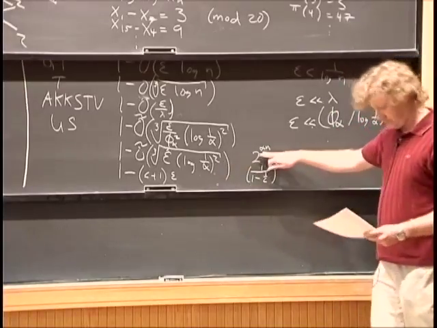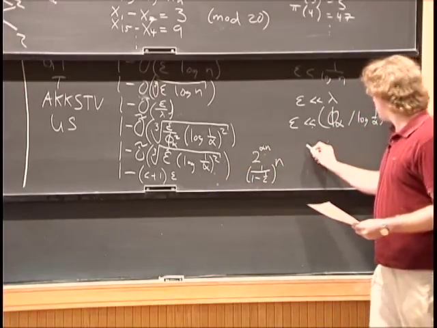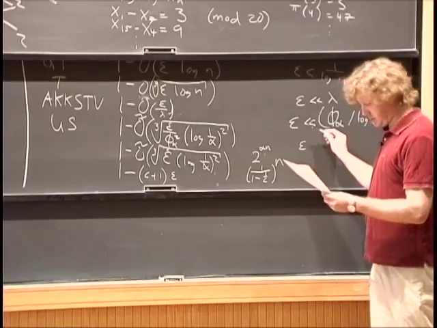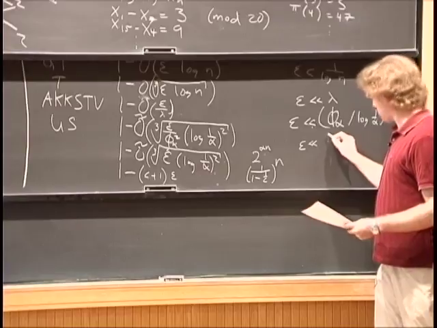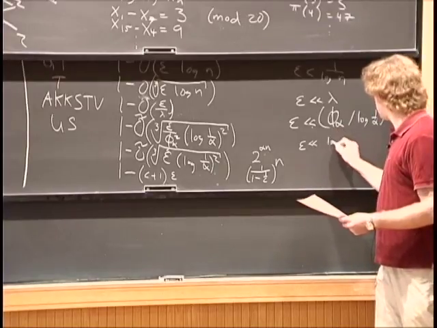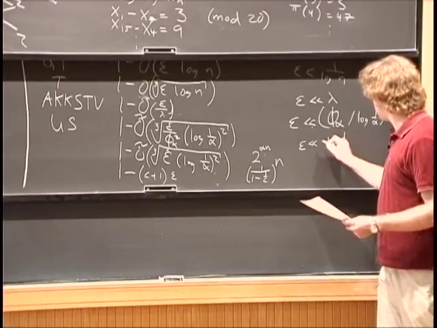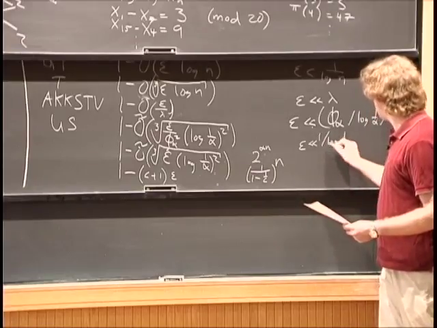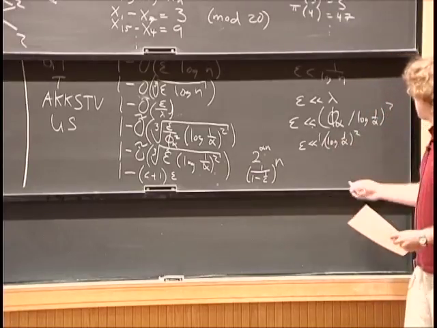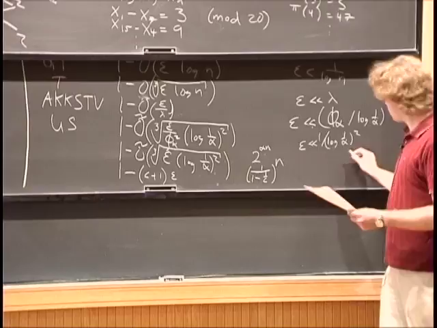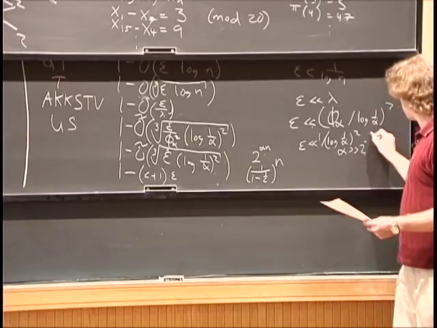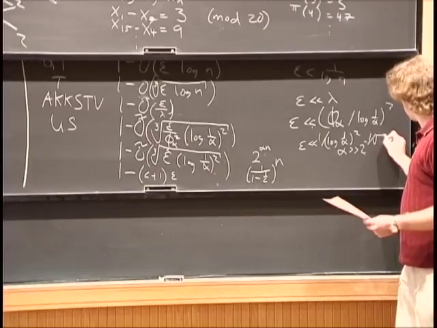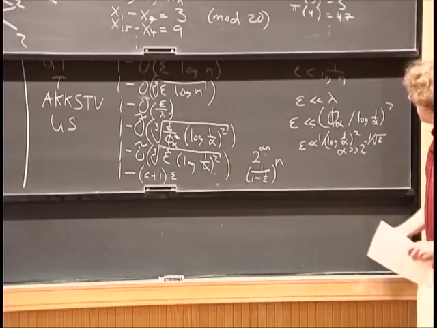And here, we require that epsilon is less than 1 in log 1 in alpha squared, or equivalently, alpha is at least 2 to the minus 1 in square root epsilon.